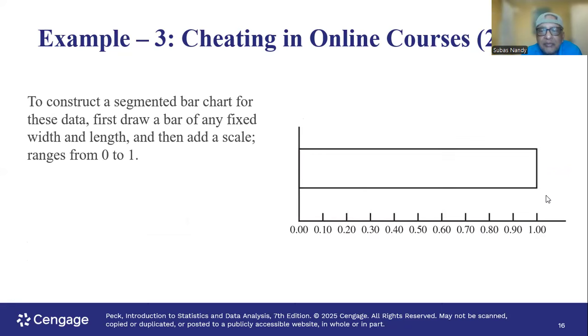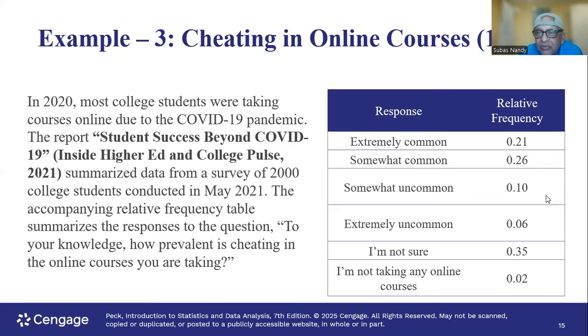And you can make a segmented bar chart. What is a segmented bar chart? The total width of the bar in this case is 1. Why? Because everything adds up to 1. The relative frequencies in each class, the last column in this table, add up to 1.